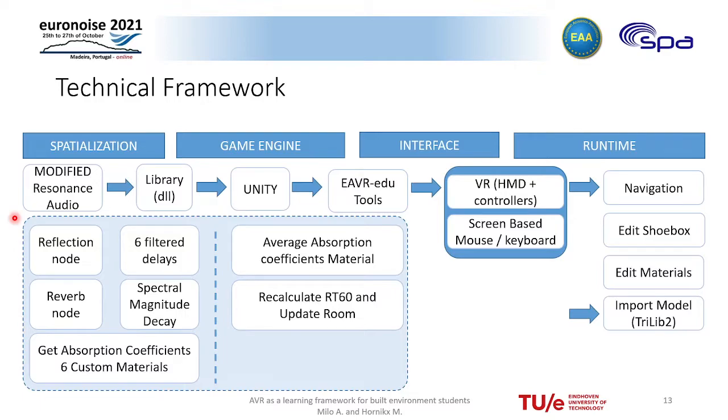This room effect is made of two principal processing nodes, which are the reflection node and the reverb node. The reflection node uses what are called reflection coefficients, which are of course based on the absorption properties of the materials, and they are affecting the qualities of 6 delays, which are directional based on the main shoebox directions.